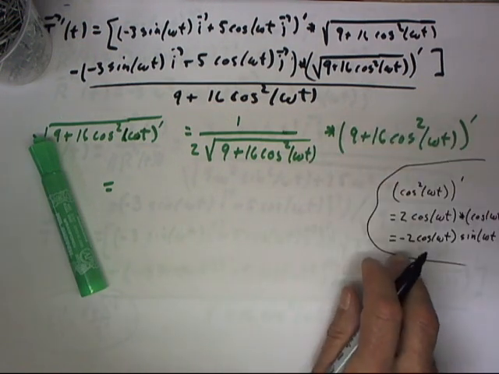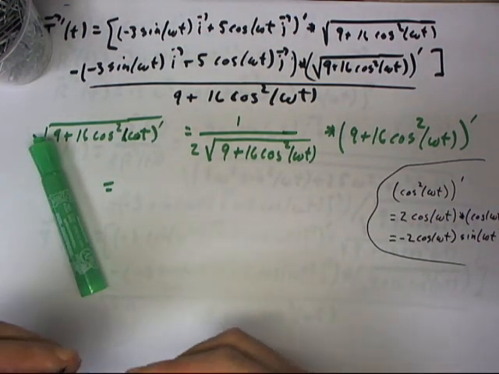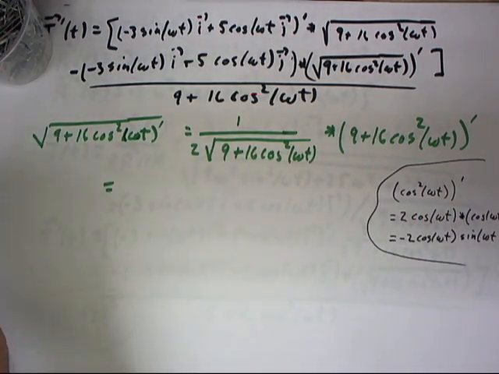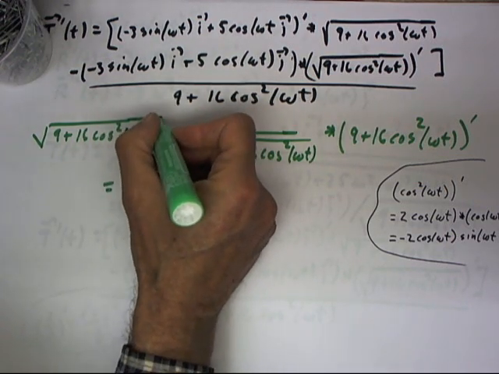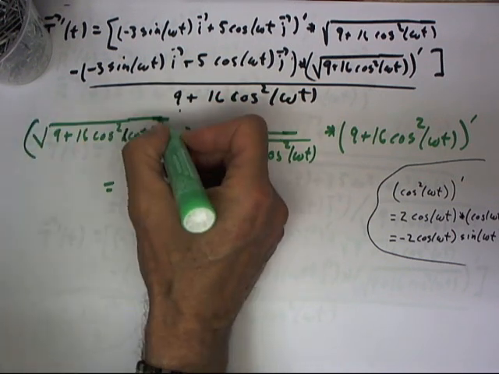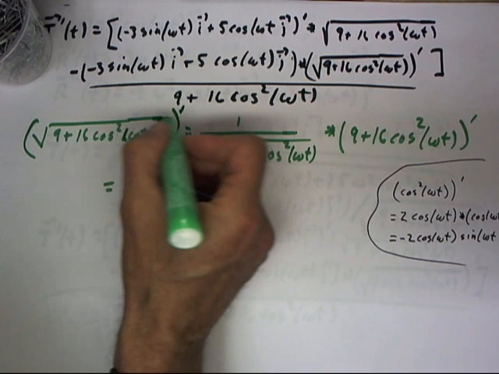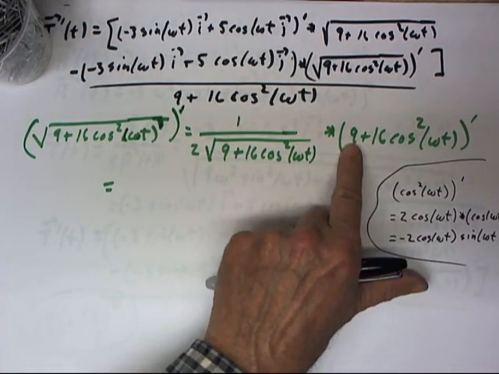16 times this is going to give us 16 times this. And we can now write out our derivative of this expression, and the expression is not written correctly here. Let me obliterate that, and it's the derivative of this entire expression. Okay. So what do we get?